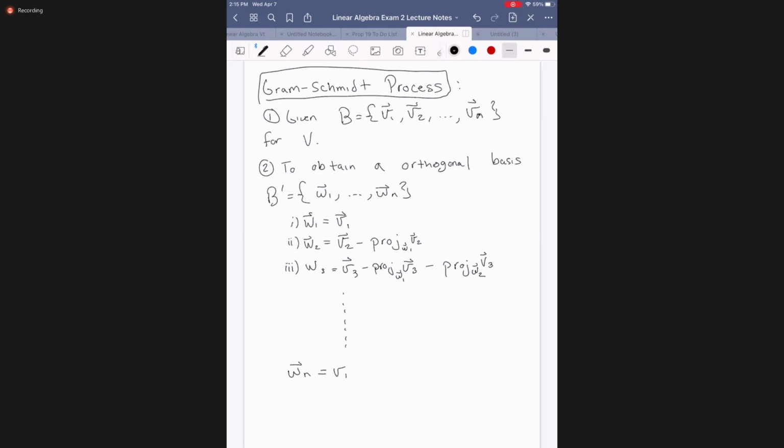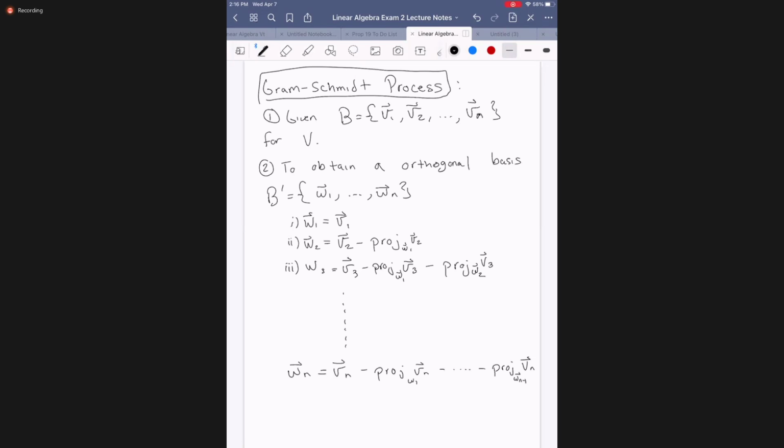And then this last one is Vn minus the projection of Vn onto W1, minus all the way to the projection of Vn onto Wn minus 1.